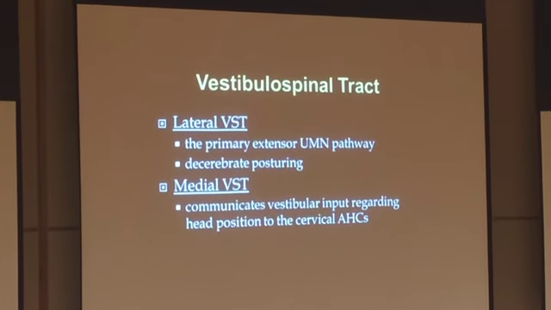So when you tilt off to one side and you make a corrective neck movement because of that, this is the pathway that is involved. So again, it's mainly head turning relative to the vestibular information in your inner ear.